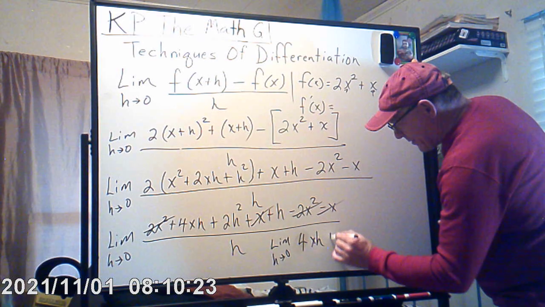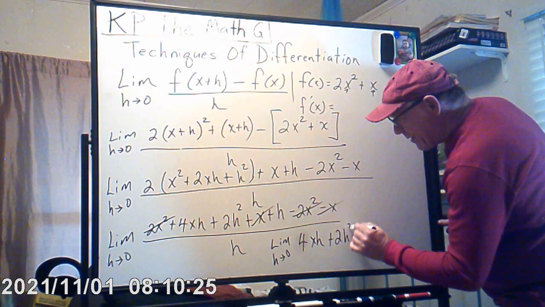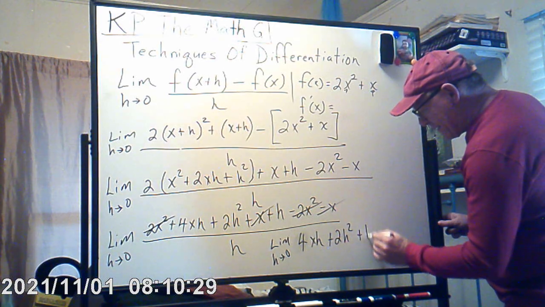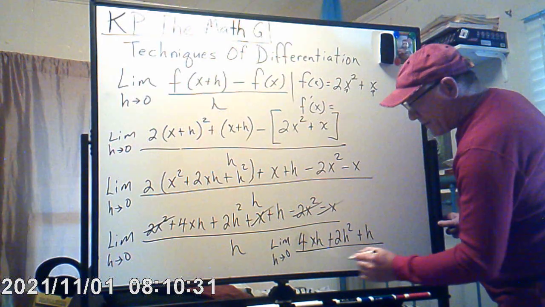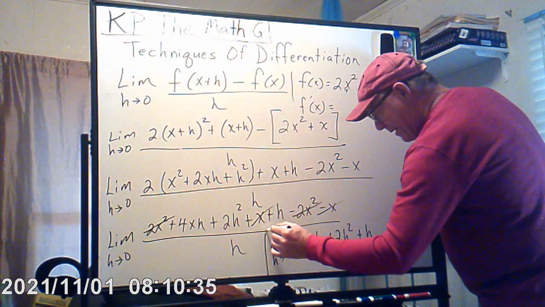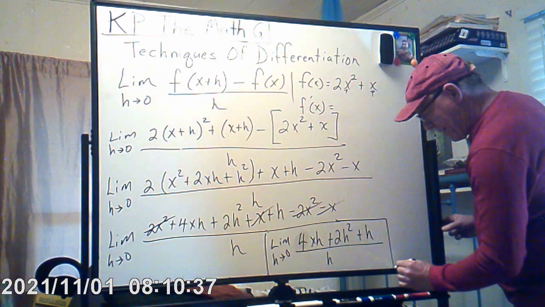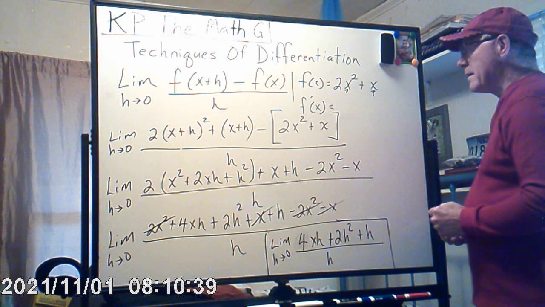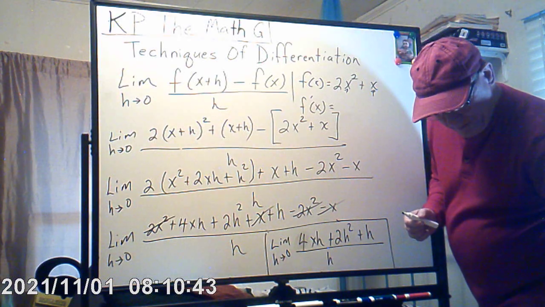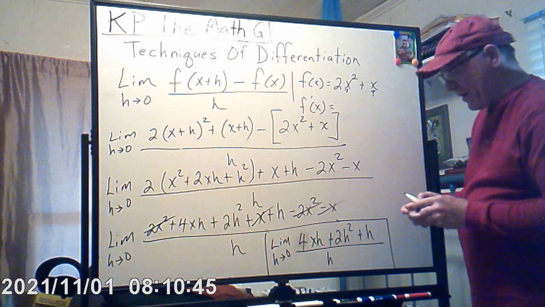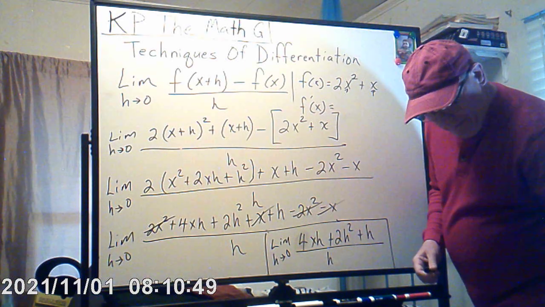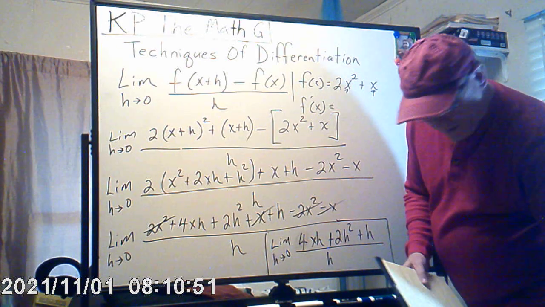So plus 2h squared. What else do we have? Plus h, over h. Okay, that's this right here. That's what we have so far. Lucky for me, my board flips over, so that's what I'm going to do. I'm going to flip this board over, but before I do, I'm going to write down what I've got here, and then I'm going to flip my board over.